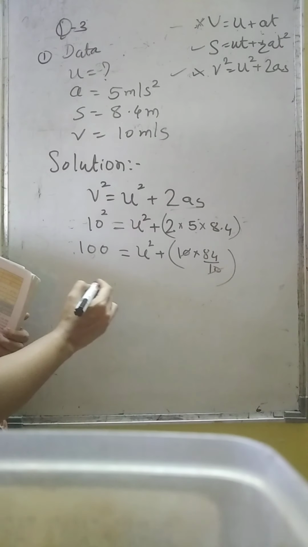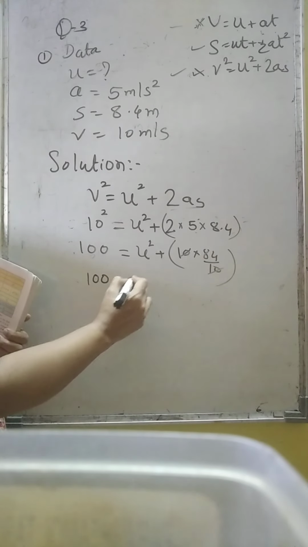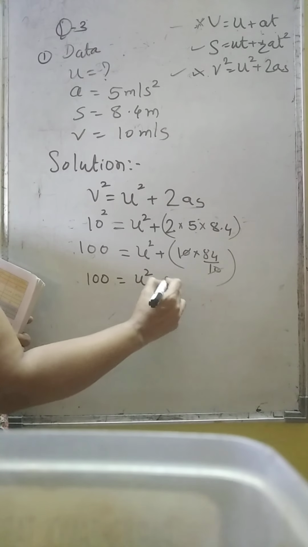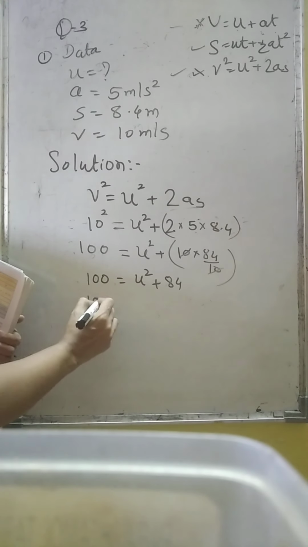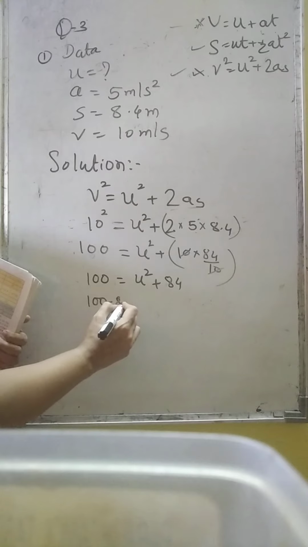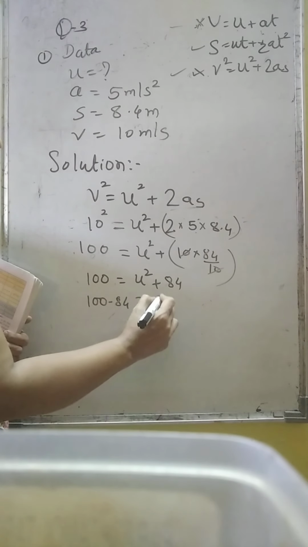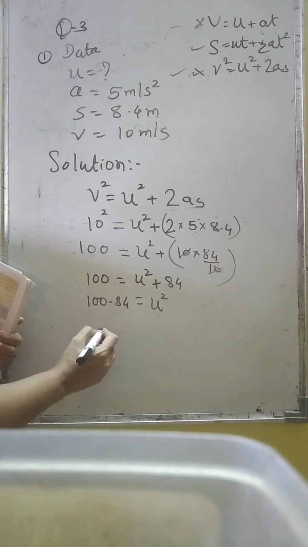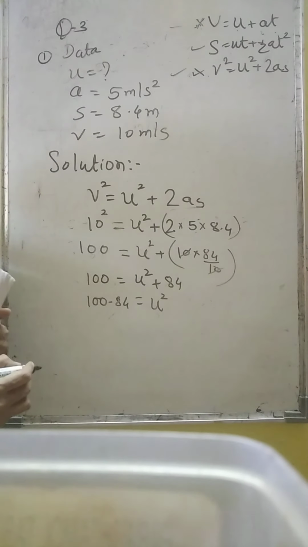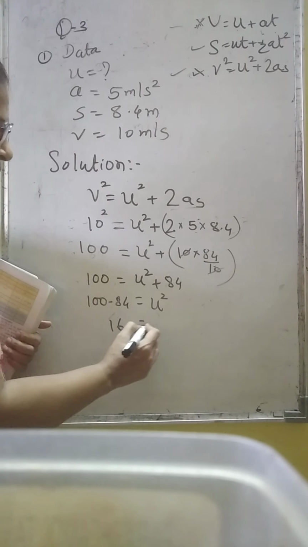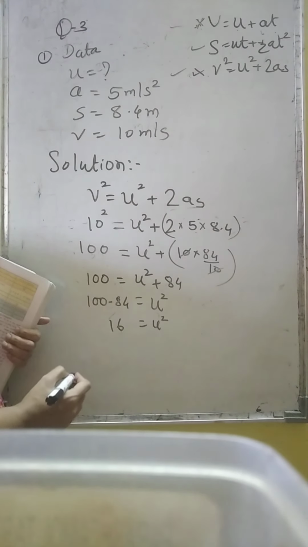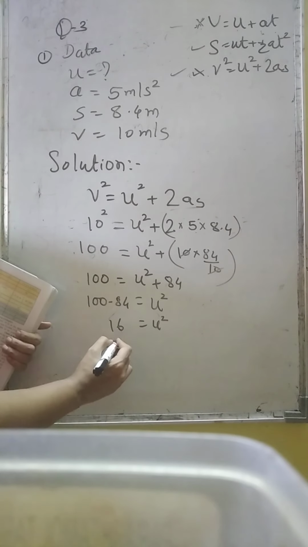Now this 10 will get cancelled. So 100 is equal to u square plus 84. So 100 minus 84 is equal to u square. Come on, do 100 minus 84. It is 16.